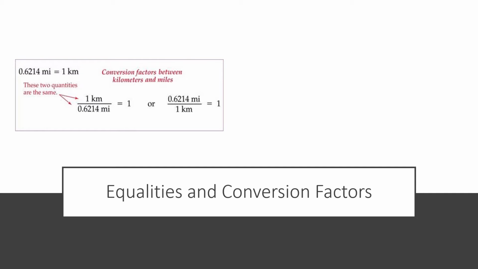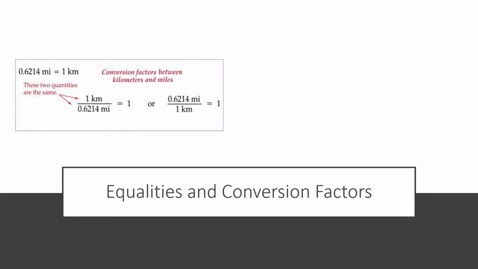If we set them up in a ratio with 1 kilometer on the top and 0.6214 miles on the bottom, this by definition equals 1 because these two quantities are absolutely equal to one another. If we were to flip things and we were to say 0.6214 miles over 1 kilometer, same situation, they're equal. So the ratio of the two things is 1.